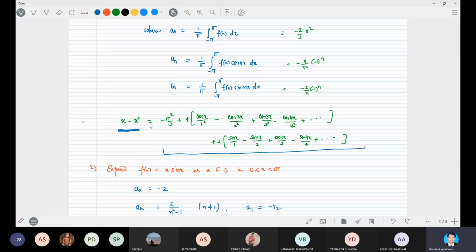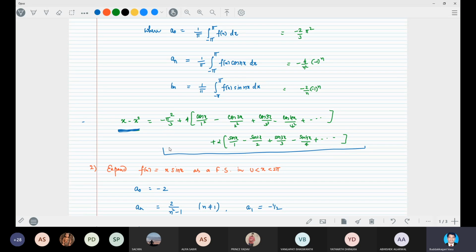So if you take the value at some x in the interval minus π to π, the LHS value is closed, right? But what will be the RHS value? We are saying both of them are equal, x minus x² is equal to this series.